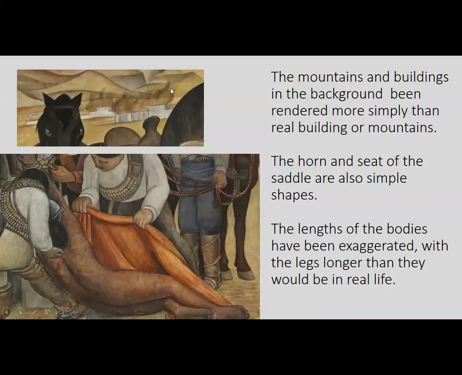And we know mountains have more variations and more contours and more shapes, more things going on than just that little boop, boop, here's a shape, I'm colored in tan, it's a mountain. And then when we look at the bodies, for example, this man's body, the length of it is exaggerated.